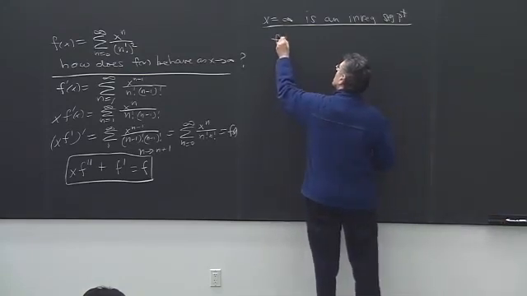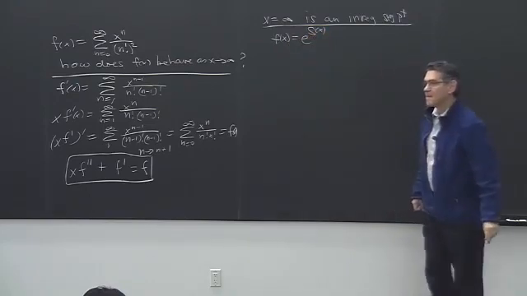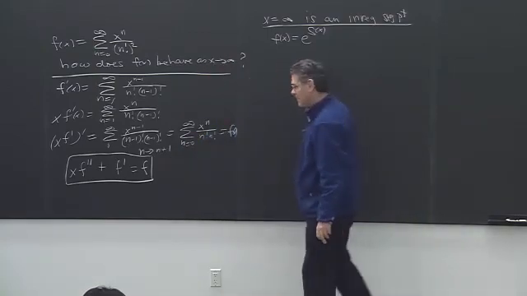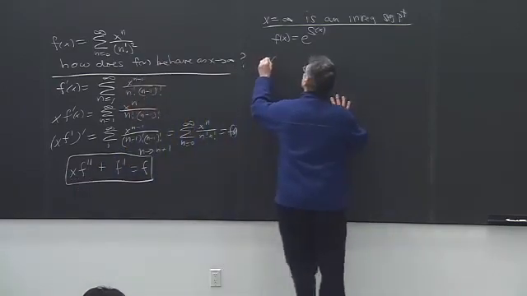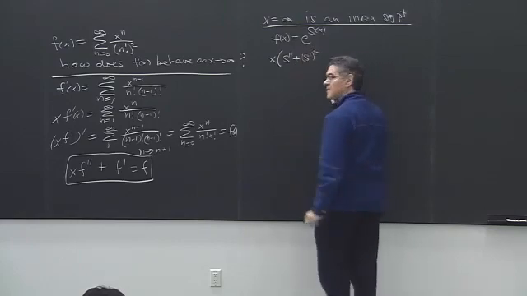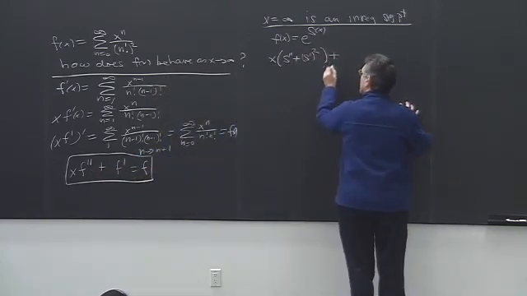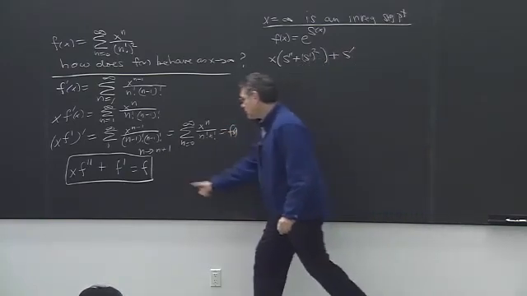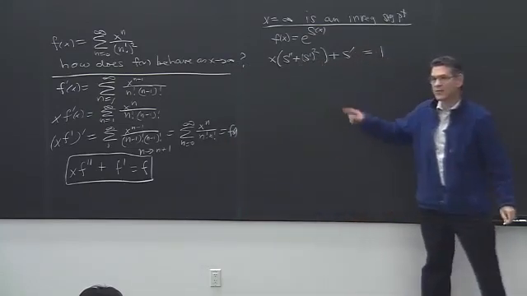We'll make a substitution, f of x is equal to e to the s, and we'll plug it into this equation. So over here is an x times s prime prime plus s prime squared. And then there's an f prime, which is s prime, and then there's an f. So that's the equation.